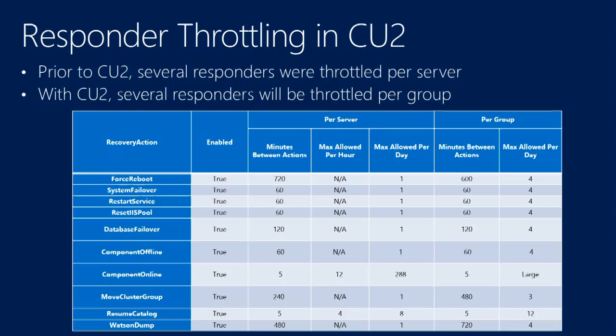So history has really no bearing on what managed availability does, other than it does know what responders it's already invoked, so it knows to go to the next one in the sequence, and it knows which ones need to be throttled. But otherwise, every failure is unique and treated as its own single case, and that's actually another significant difference now that I think about it.